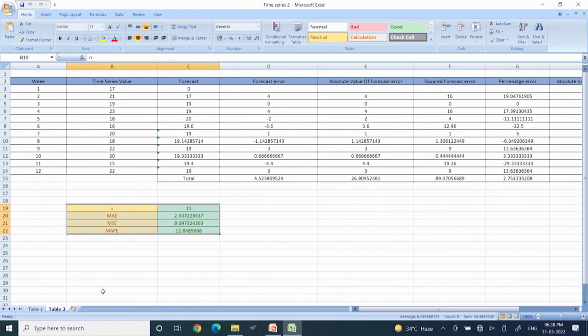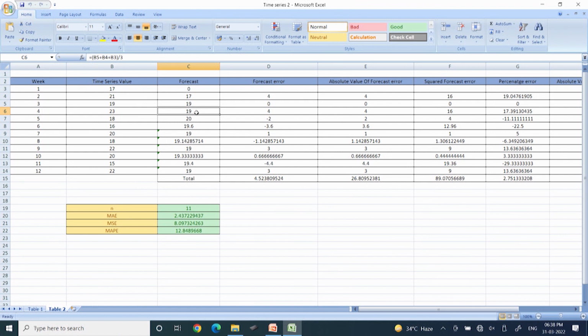Similarly, for the second forecasting method, that is the average of the previous values. For first week there is no forecast, for the second week you see that there is only one value 17 upon 1. For the third week I have added 17 plus 21 upon 2, that is 19. For the fourth week I have found the average of the previous week actual sales, that is 17, 21, 19.